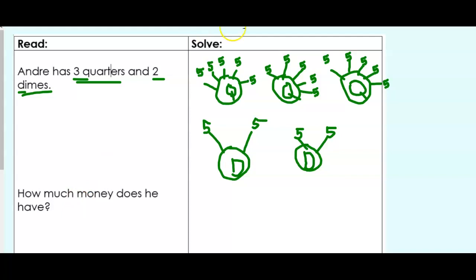So let's get ready to count and check your answer. 5, 10, 15, 20, 25, 30, 35, 40, 45, 50, 55, 60, 65, 70, 75, 80, 85, 90, 95. He has 95 cents.